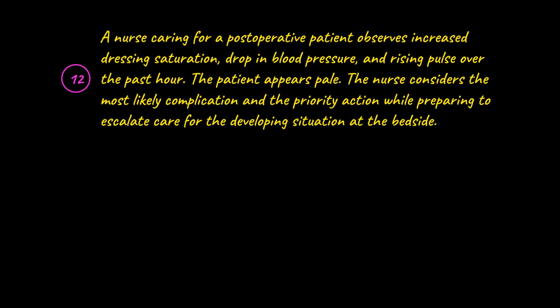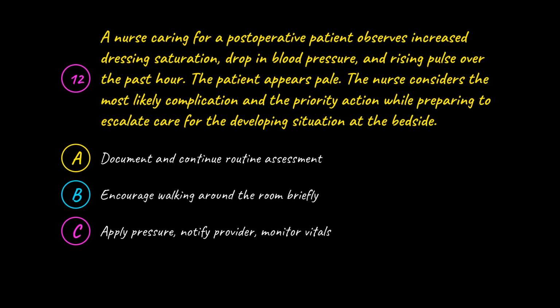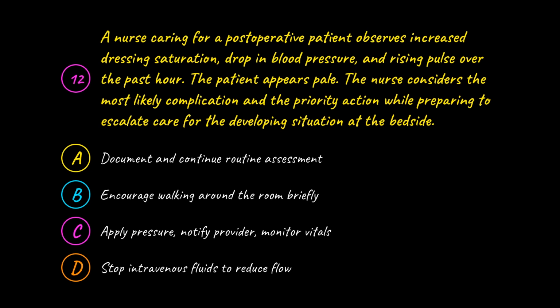Your options are A. Document and continue routine assessment. B. Encourage walking around the room briefly. C. Apply pressure, notify provider, monitor vitals. D. Stop intravenous fluids to reduce flow. What's your answer? Commit to one before I continue.